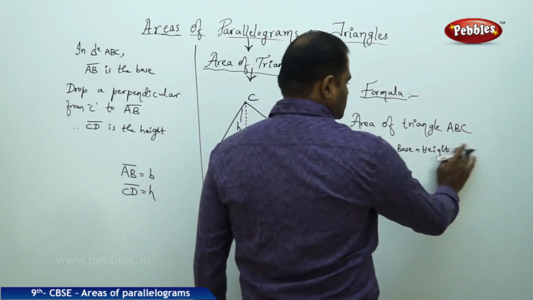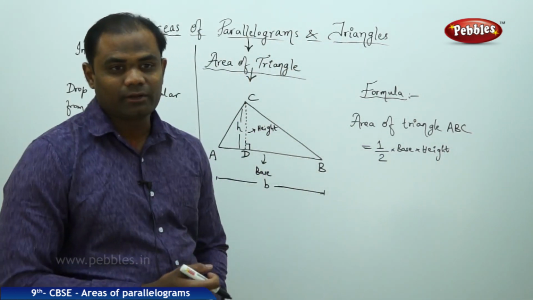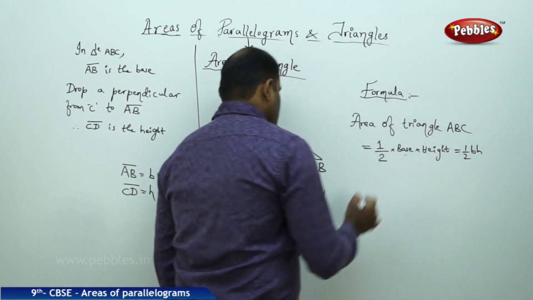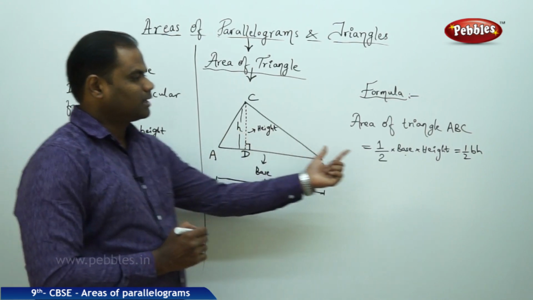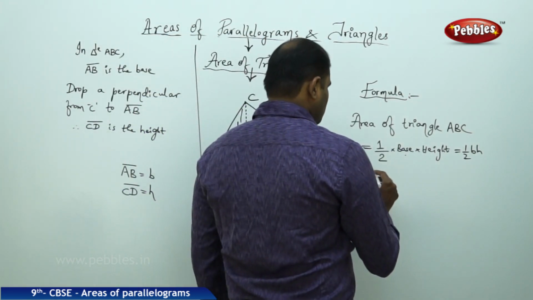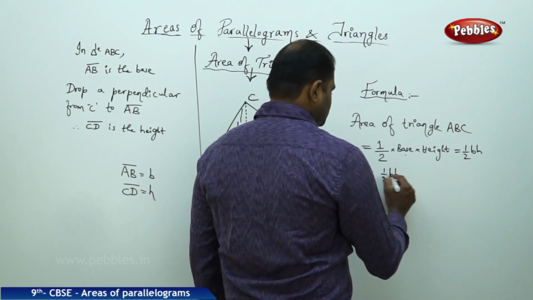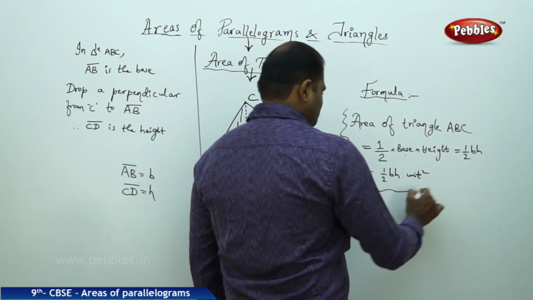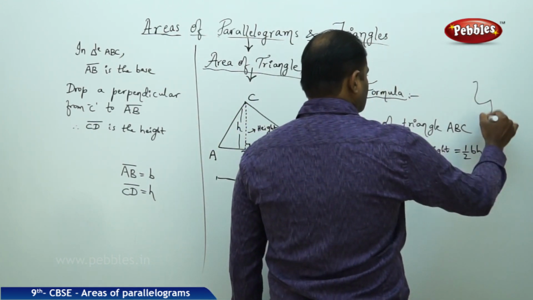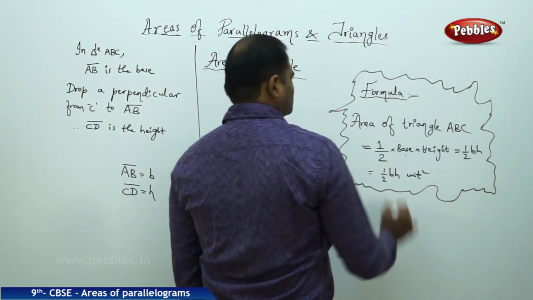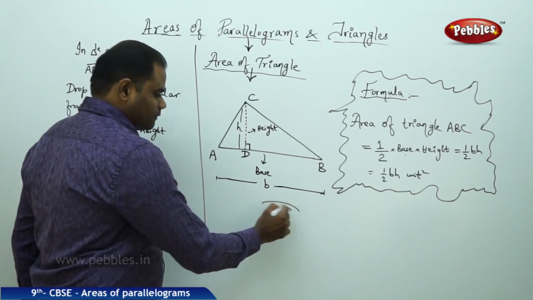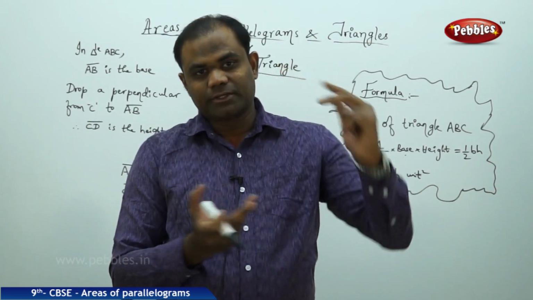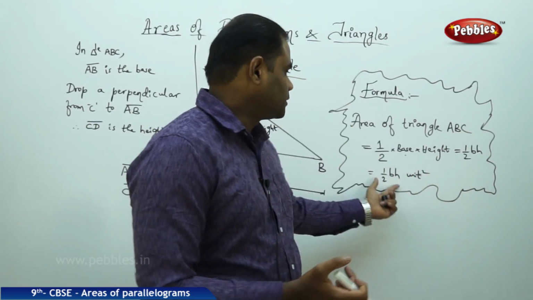So half into base into height is the formula for area of triangle, which can be reduced as half BH, because my base is B and my height is H, in square units. This is what we get when we derive area of triangle ABC with the base B and the height H: half into base into height.